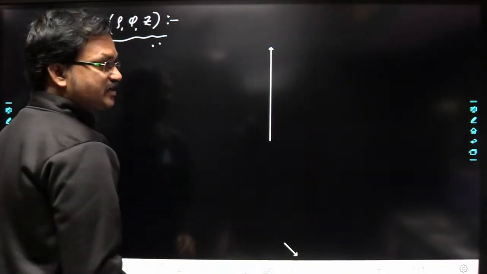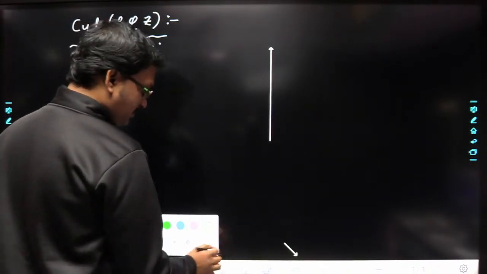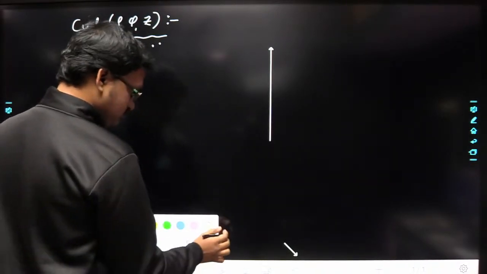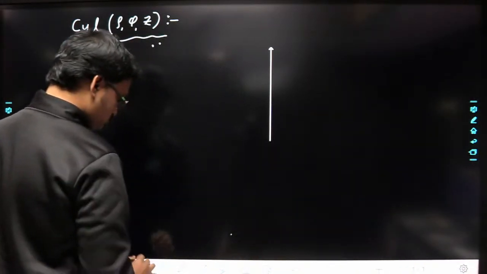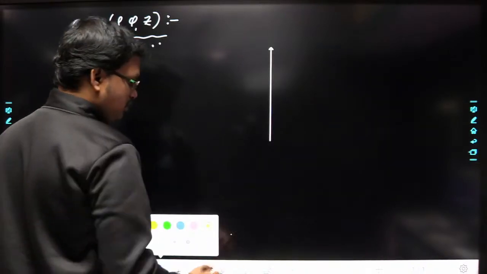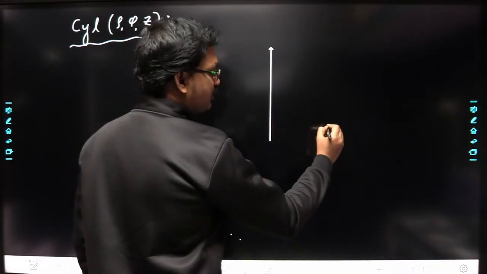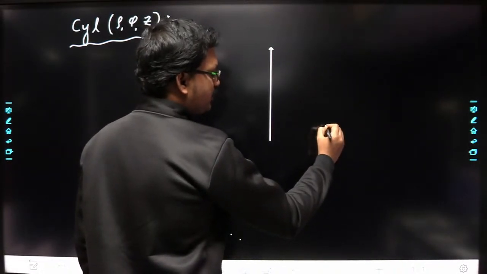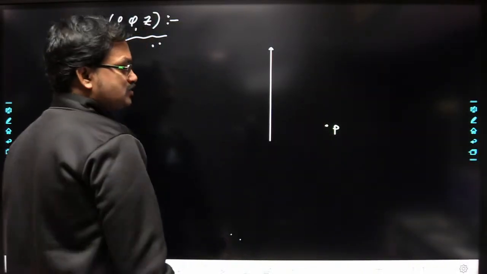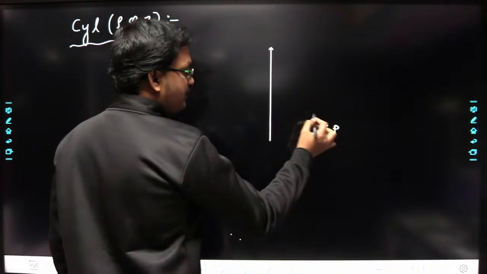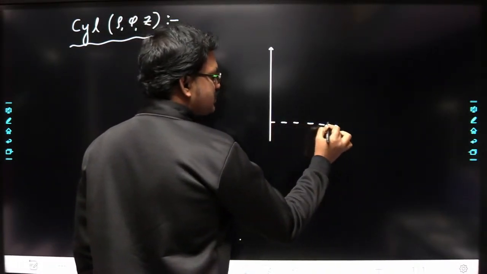From this axis I am considering a point P, which is at a normal distance rho.